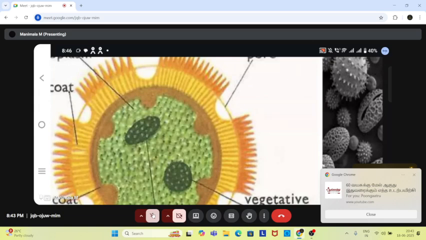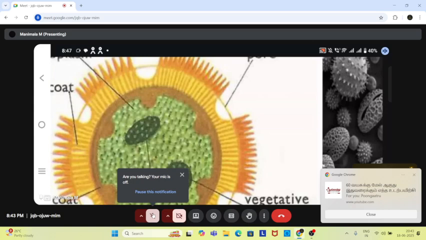So pollen grains are made up of two layers: one is the exine and the other is the intine. When we are discussing exine, how will the exine be? It will be tough and thick, and it is made up of sporopollenin. Sporopollenin is a resistant organic matter which helps the pollen grains to withstand high temperature, strong acids and alkali.